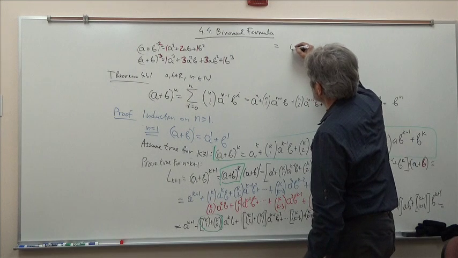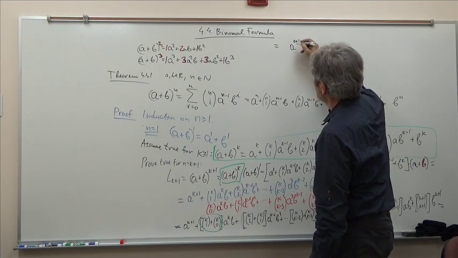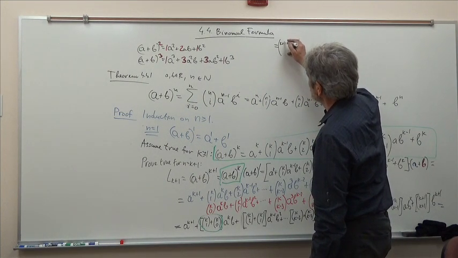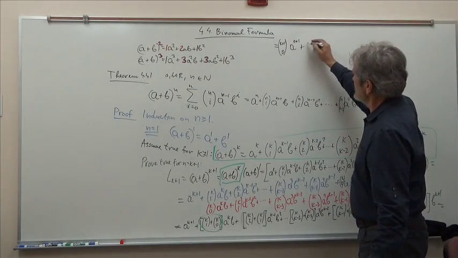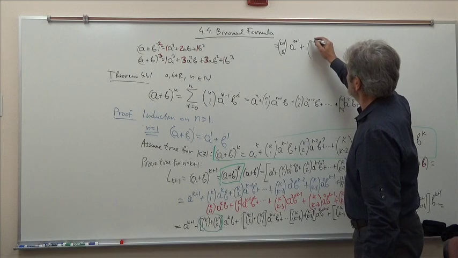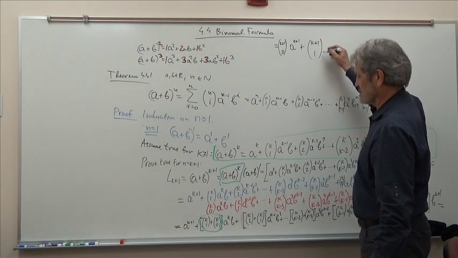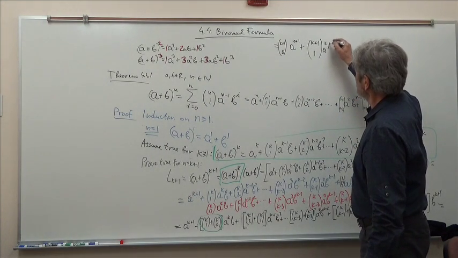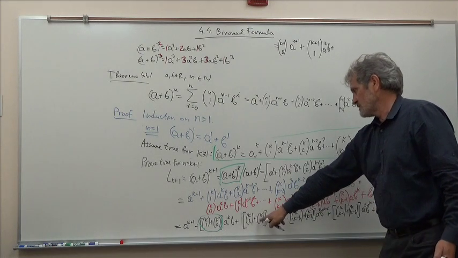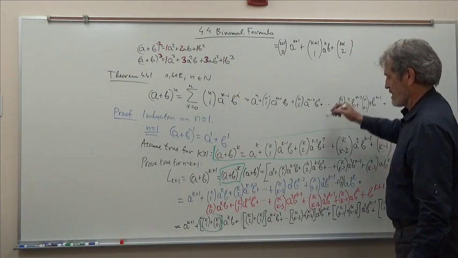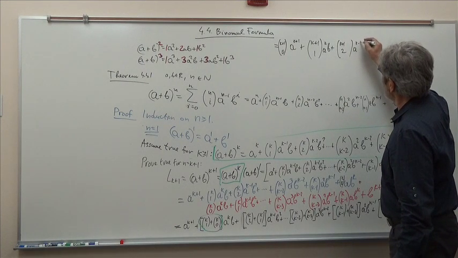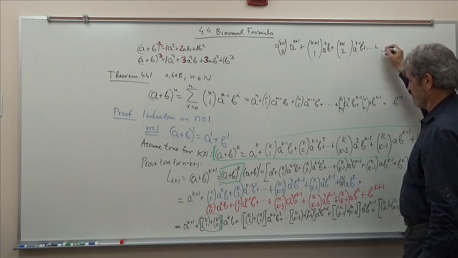I write this a to the k plus 1 on its own, and I write k plus 1 choose 0, which is 1, so you will see in a moment why. Plus these two together are k plus 1 choose 1, a to the k b. Those two together are k plus 1 choose 2, a to the k minus 1 b squared.